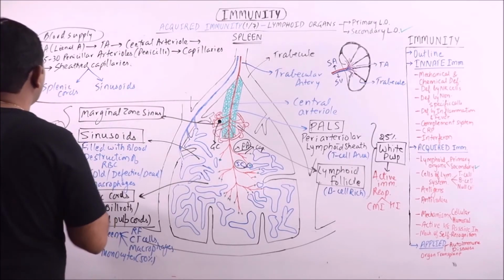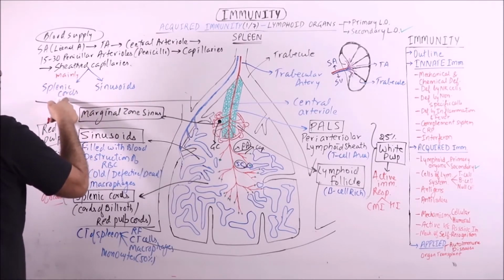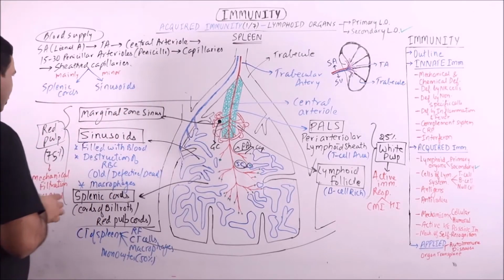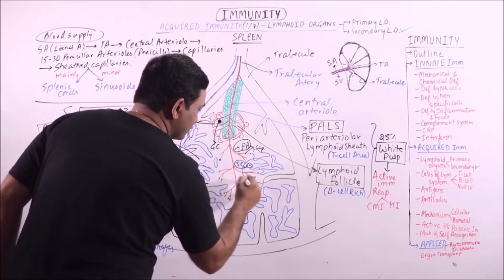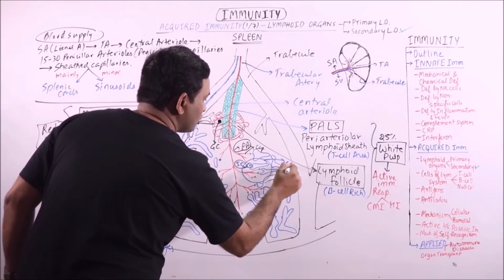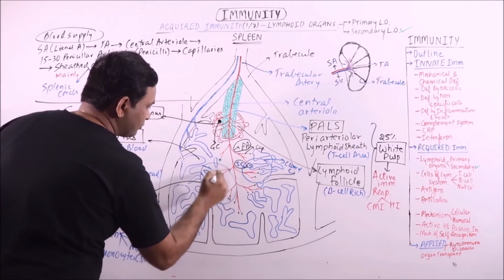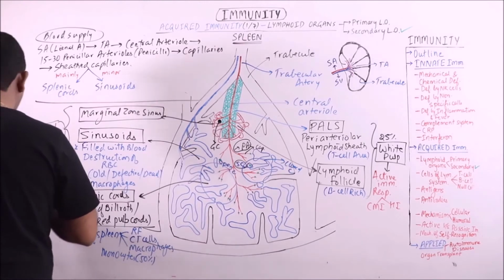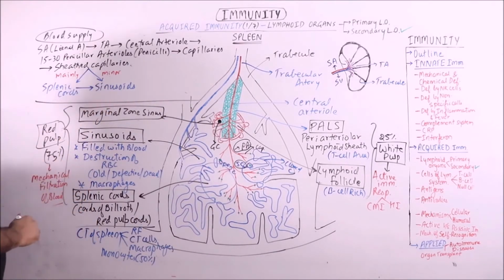It's important to note that major blood enters the splenic cord and minor blood enters the sinusoid. So this forms closed circulation, while this forms open circulation. Finally, blood has to enter the sinusoids even from the splenic cords.